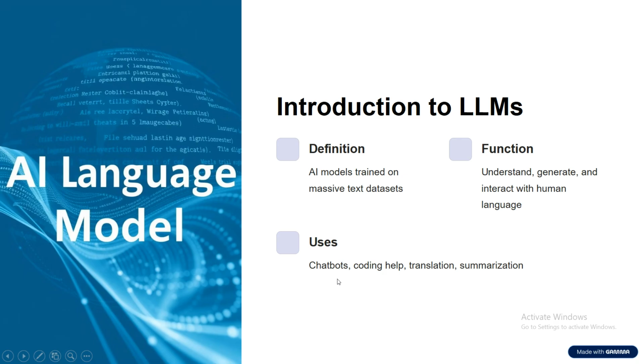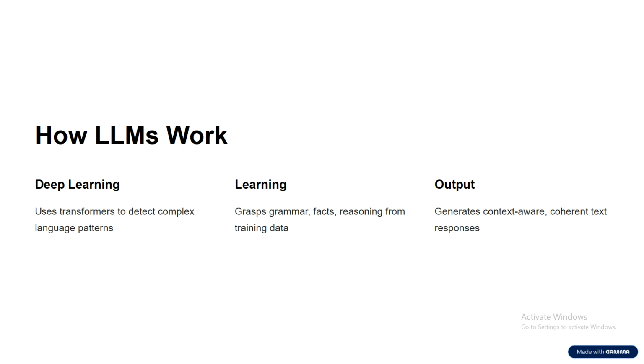In chatbots, coding help, translation, summarization. In those use cases, an LLM is used because we can ask anything, whatever help you want, you can ask these AI LLM models in our human language also. If you want to translate, it will translate also.